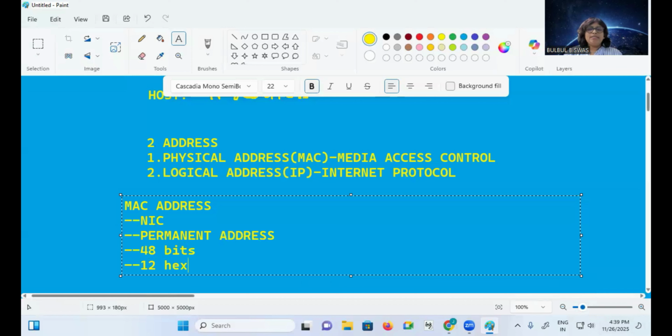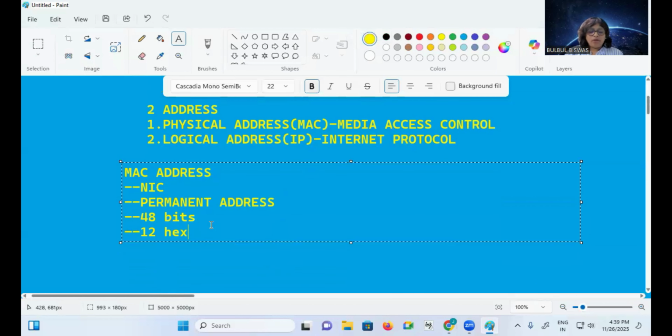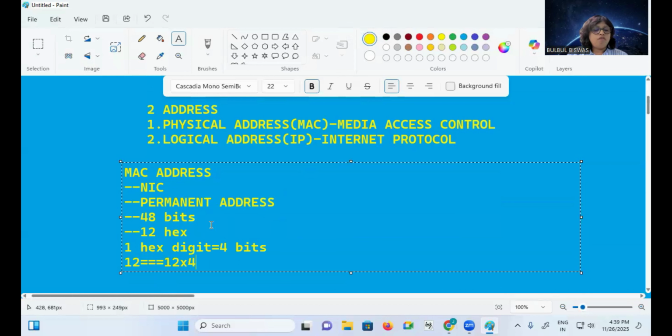This address consists of 12 hexadecimal digits. Because, as we know in binary, one hex digit is equal to 4 bits, so 12 times 4 is 48 bits.